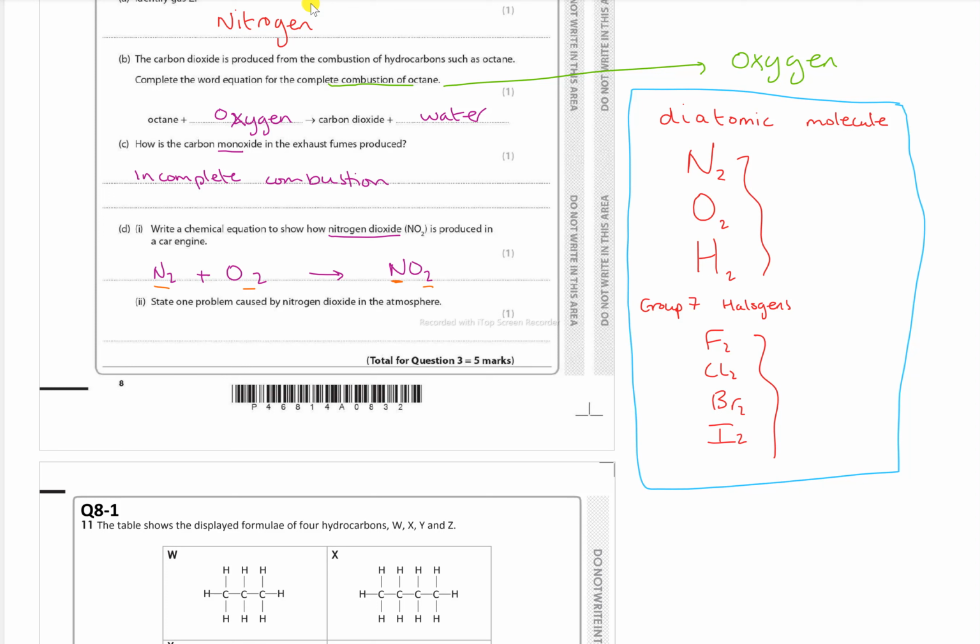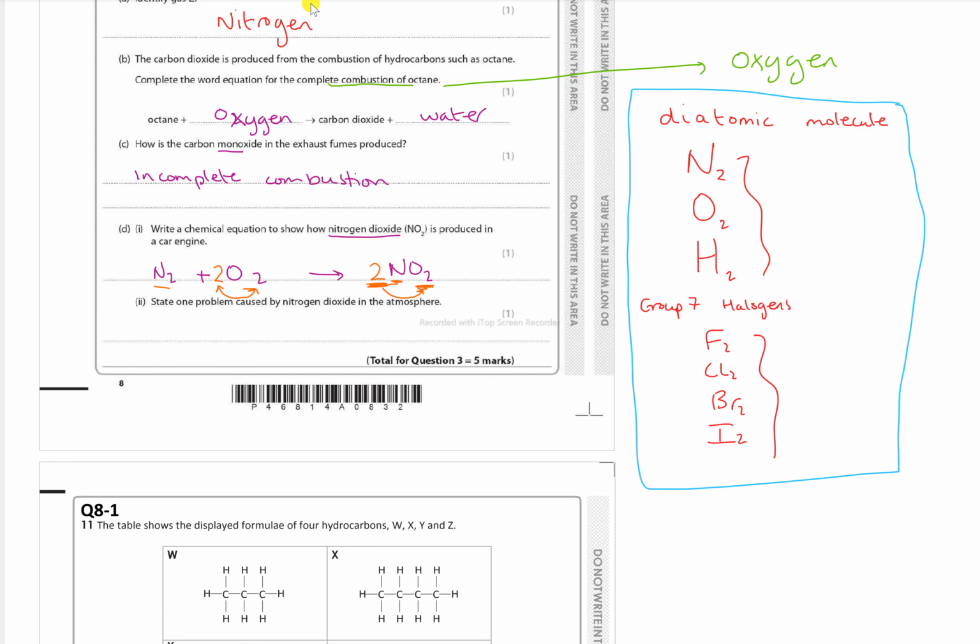So we have to stick a 2 here. Now I've got two nitrogens, and I've got 2 times 2 oxygens, so really I've got 4 oxygens, so I simply put 2 there because 2 times 2 is 4. Now that's balanced.